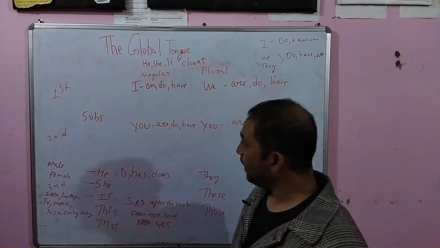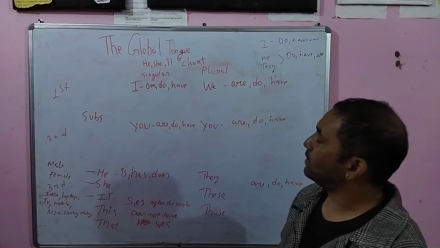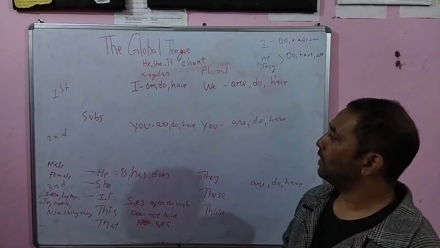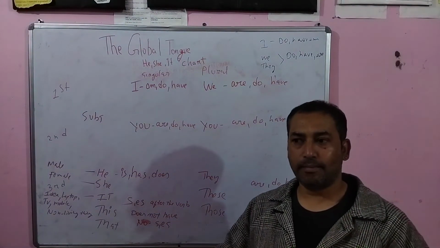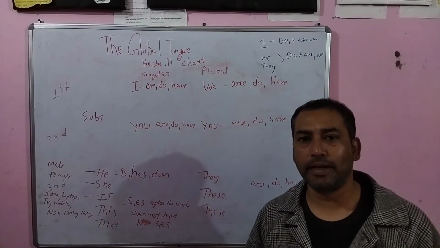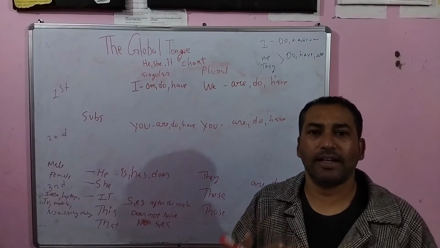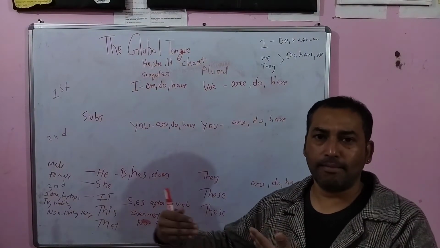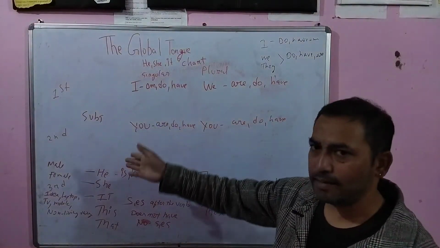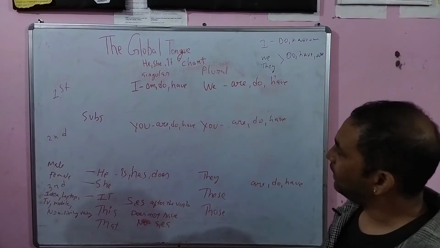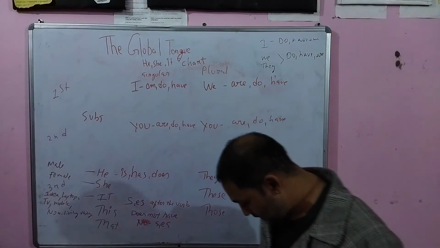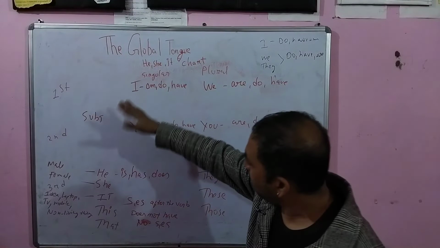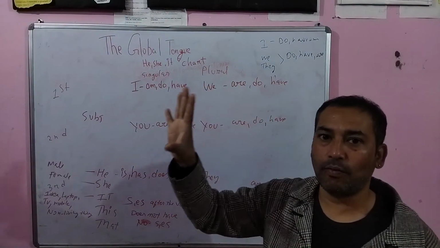I would also request you guys, whoever is planning to improve communication or wants to talk nicely without committing many grammatical mistakes, you can simply make a chart and write the same stuff and stick it on the wall.